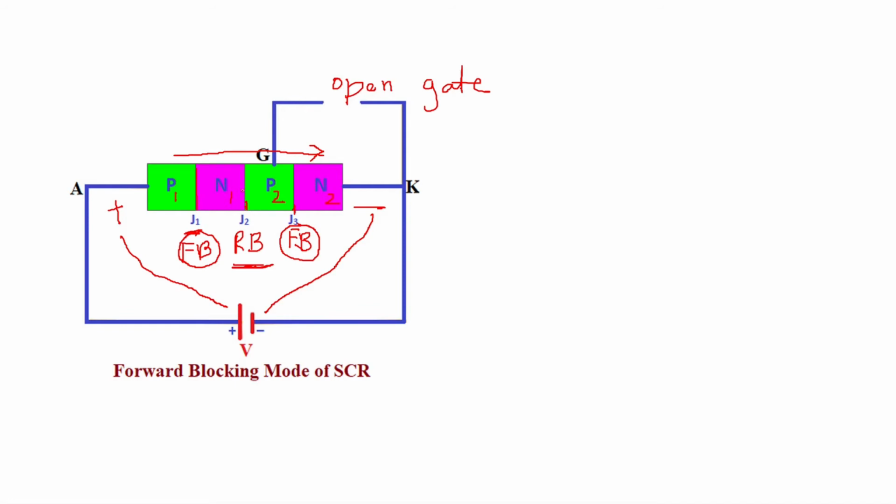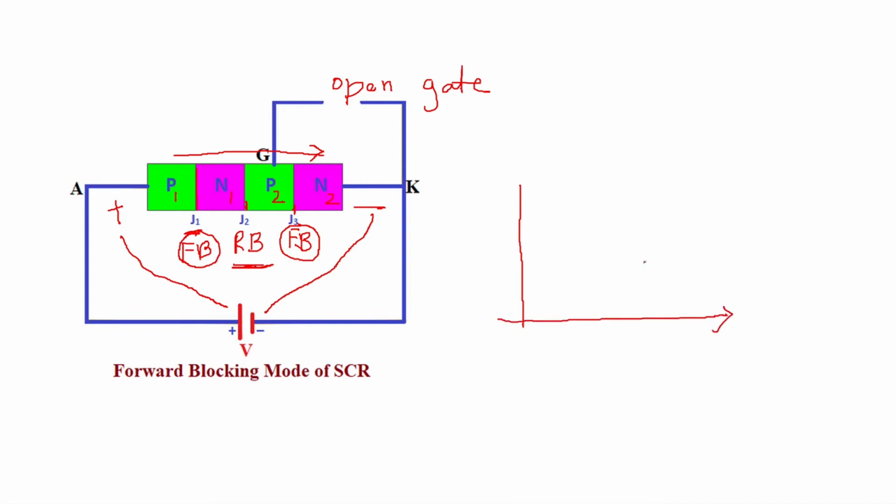So what happens? If you draw a graph for this, the graph will be drawn in the first quadrant.